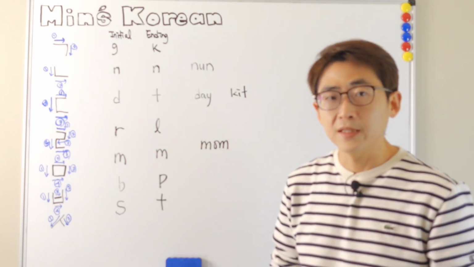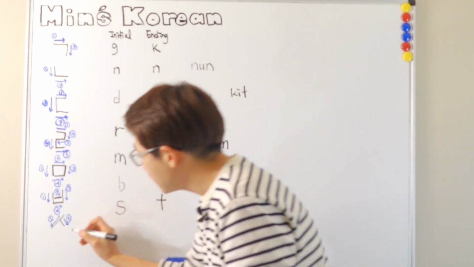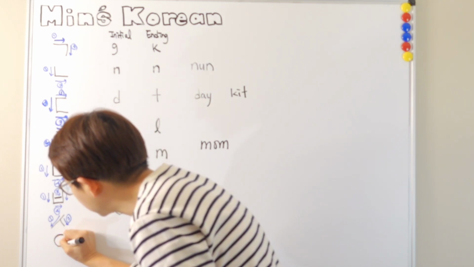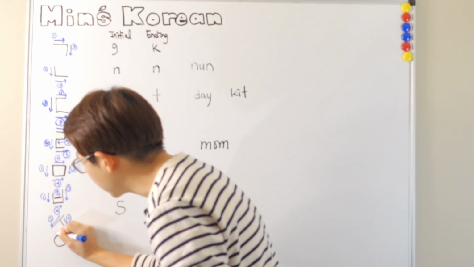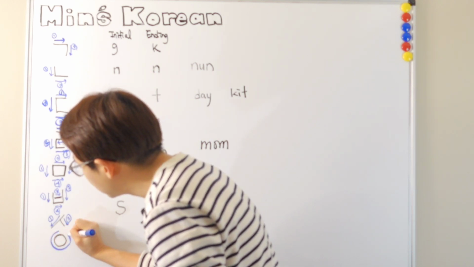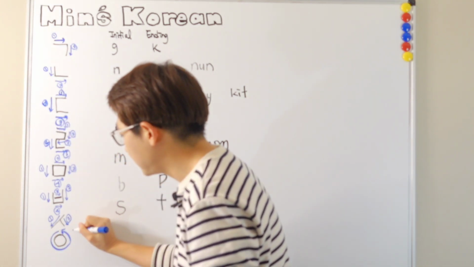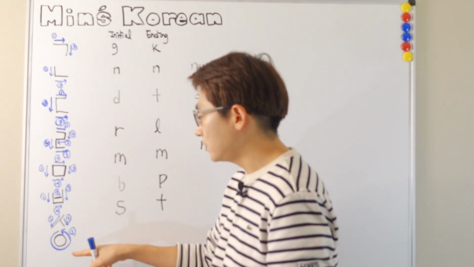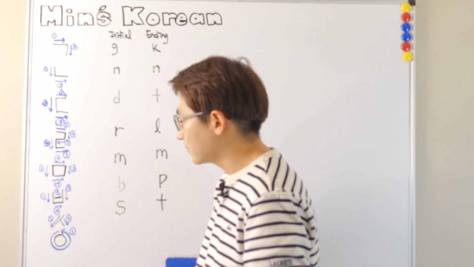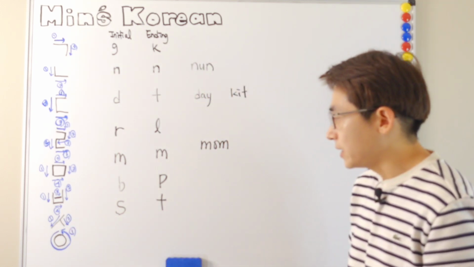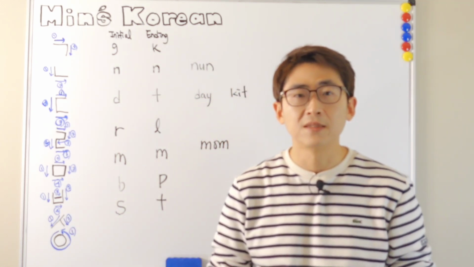okay? And the next one is a circle, like that. And it's a single stroke, but it goes from like that. So just a single stroke, top all the way counterclockwise and to the top again, okay? And that's what we call 이응.